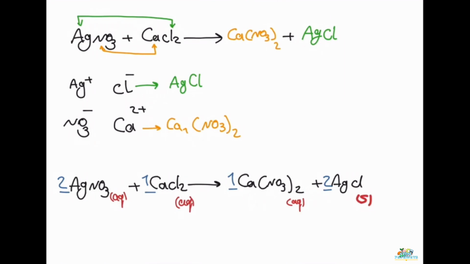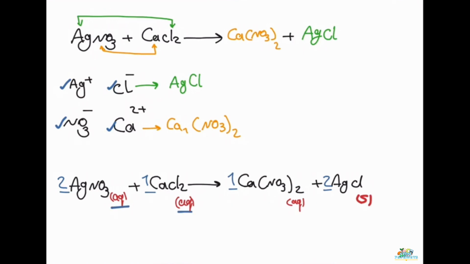Okay, look at this example. For example, AgNO3 plus CaCl2. As you know, because they are ionic compounds in water, they completely separate from each other. We will have Ag+ and NO3-, and Ca2+ and Cl-. So all of them should be in ionic form when they are in aqueous form.